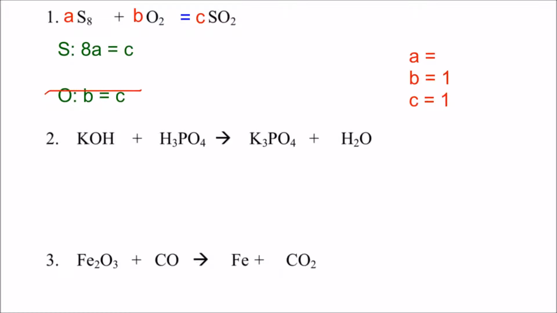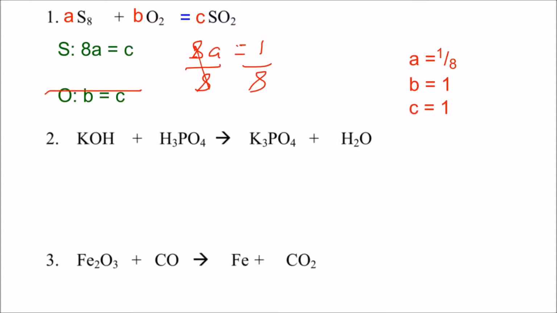So now all we have to do is figure out what letter A equals. We know that C equals 1, so we're going to plug that in. We've got 8A equals 1. We're going to divide both sides by 8, and that means that A has to equal 1/8. Now all we have to do is get rid of that fraction, and we'll do that by multiplying everything by the denominator.